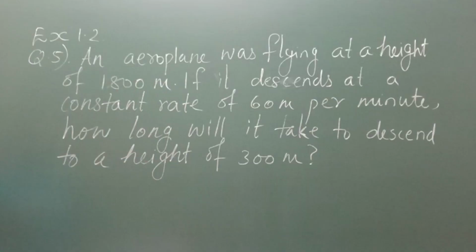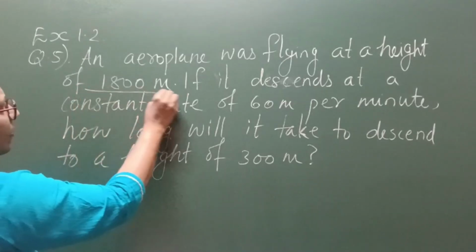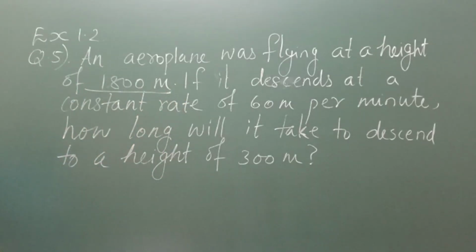Our question is, an aeroplane was flying at a height of 1800 meter. If it descends at a constant rate of 60 meter per minute, how long will it take to descend to a height of 300 meter? In this question, you will find three things. First, 1800 meter, which is the starting altitude.